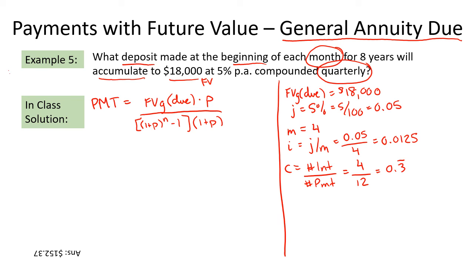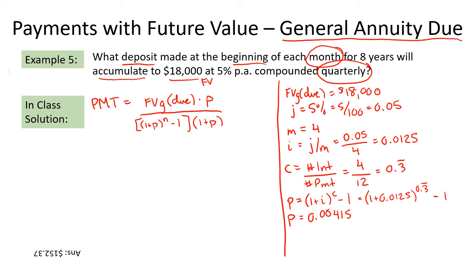Okay, so with this, we can calculate P, our equivalent rate of interest, 1 plus I to the exponent C minus 1, which is 1 plus 0.0125 to the exponent 0.3. I put the bar, remember, a repeating decimal, so that's 0.333 repeating forever. And then all of that is minus 1. So if you calculate that out, you get an equivalent rate of interest of 0.00415. Okay?